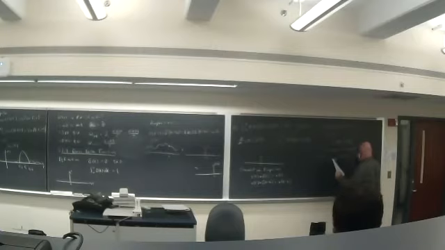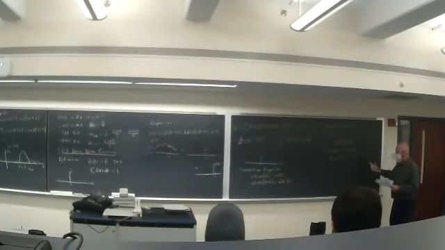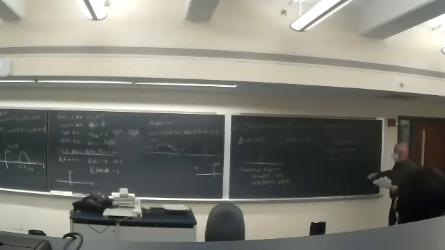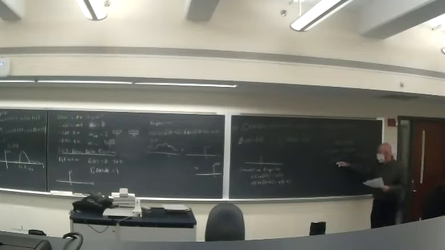That just becomes delta of f minus f_c. I think we already had looked at this Fourier transform. E to the j 2 pi f_c t is equal to delta of f minus f_c.